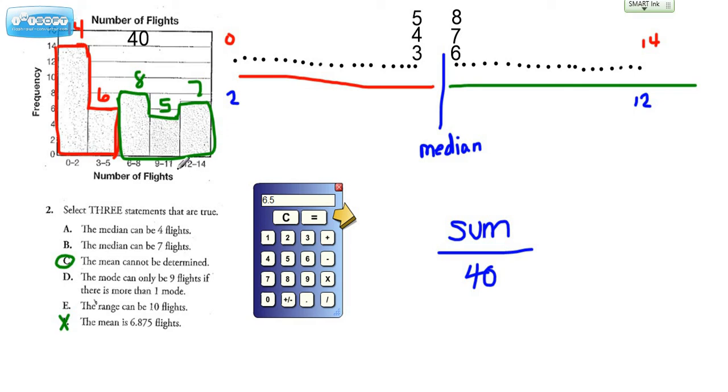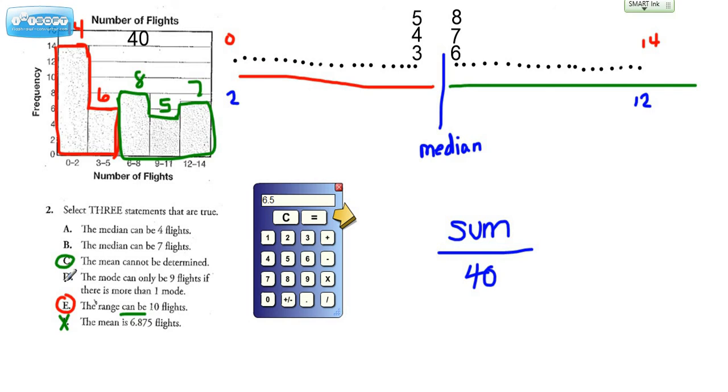And we also have to consider that in this higher end of the data set, all of these 7 numbers might hypothetically be a 12. So if that's true, if we do 12 and subtract 2, could we get 10 flights? We could. So we might actually be able to pick that one as being potentially true. It depends on what's in the bucket, right? But there's potential for that to be true. So we need to consider that one.